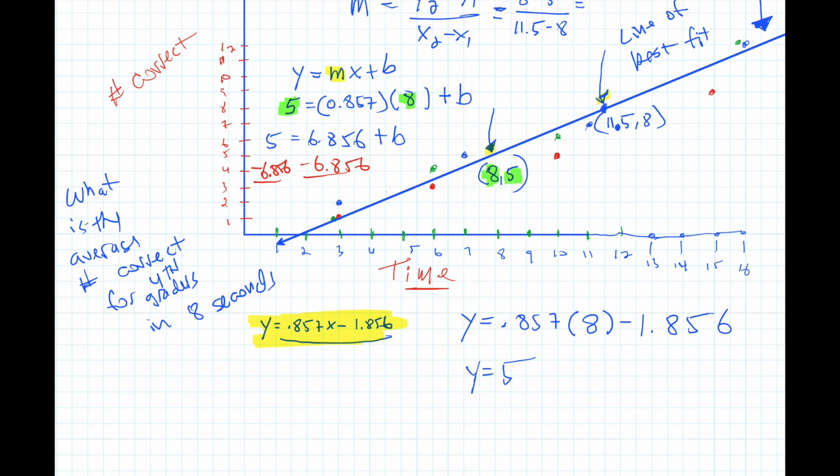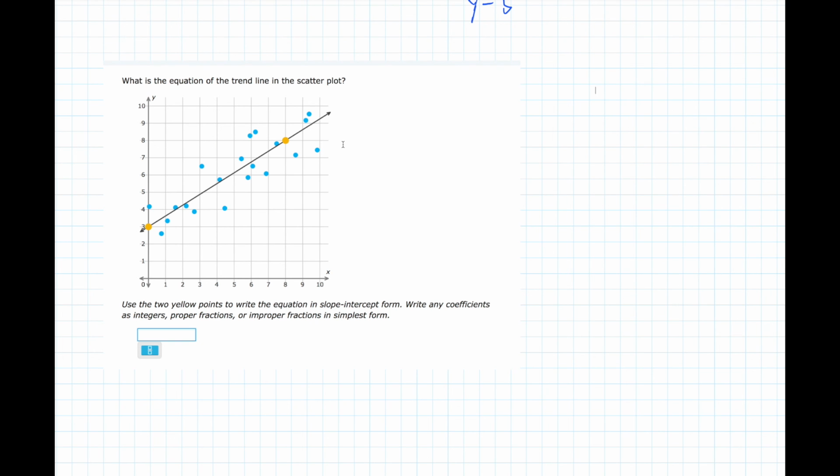Okay, hold on a sec. Okay, so our goal is to find this equation in slope-intercept form. The trend line, which is the line of best fit. Okay, so what 2 points am I going to use? All right, so 0, 3, and 8, 8.